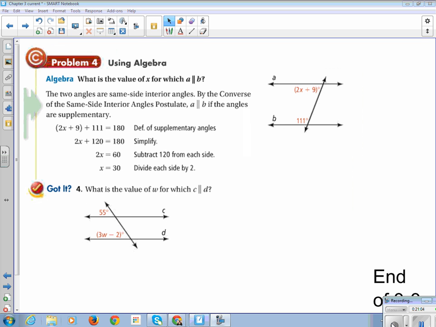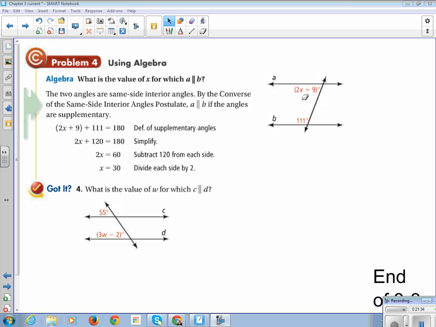All right, so here's our last problem before the end of this section. What is the value of x in order for A to be parallel to B? If you look, what is the relationship between 2x plus 9 and 111? Your choices are, they are either equal measure or they are supplementary.